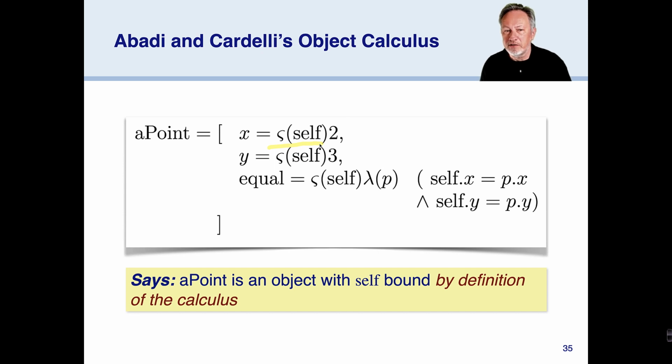Here's just a very simple example. So here we have a point, and the point is a record, and the record has the X, Y, and equal slots. But the key thing is that in the calculus I have a mechanism for self-binding the definition of self, and all of the semantics is then achieved by the operational rules.